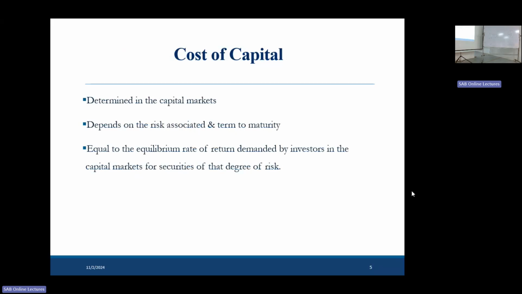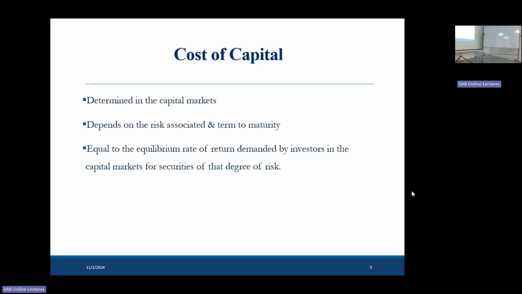Suppose I am a company and I need some money, so I issue debentures and declare my coupon rate. You are the investors. If you are satisfied with my coupon rate compared with the prevailing interest rate, you may invest. Otherwise, you may go to other alternatives. So in the broad sense, the cost of capital is determined by the capital market.